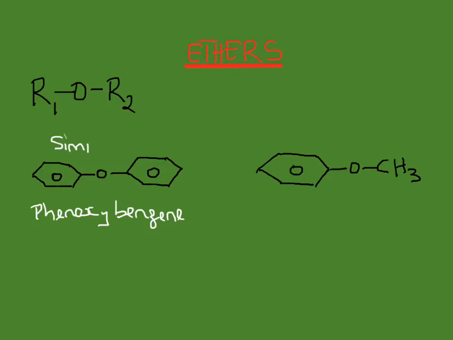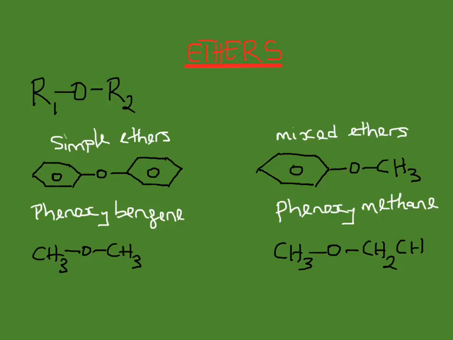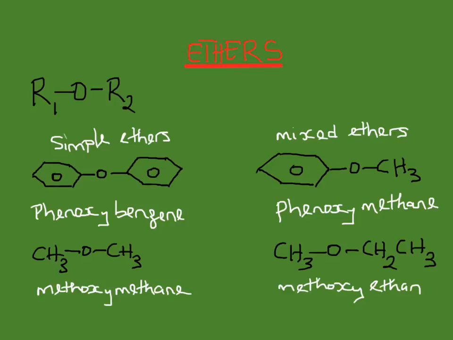Like you can see, examples of simple ethers, which are symmetrical, are phenoxybenzene and methoxybenzene. Looking at our mixed ethers, which are unsymmetrical, we have examples such as phenoxymethane and methoxyethane.